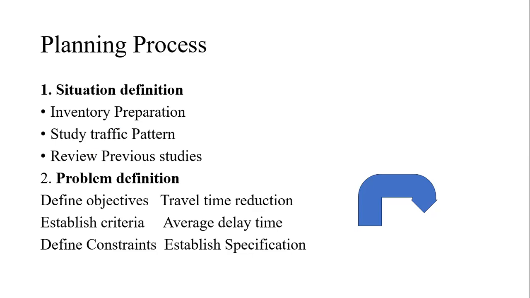For instance, obviously, we will have an objective to reduce the travel time, and this objective will be attained by taking into consideration how much average delay time has been reduced and what is the actual delay time that is present, and we define the constraint and establish specification of what should be the average delay in those situations at those places. Then accordingly we act over there.